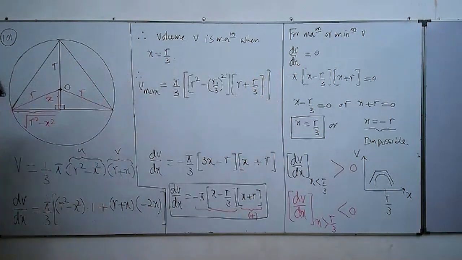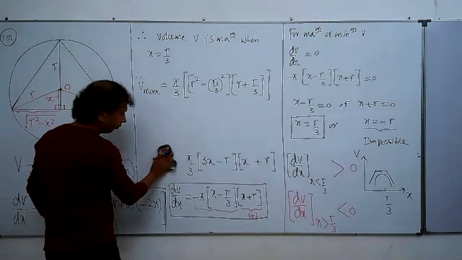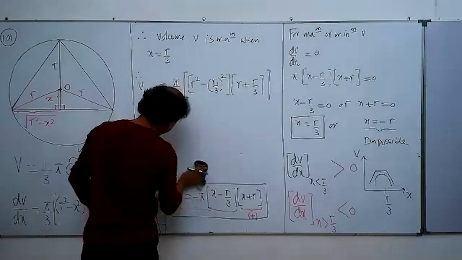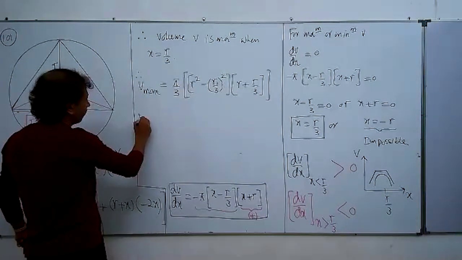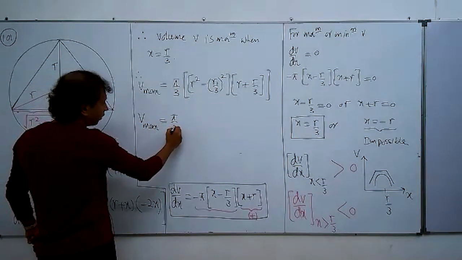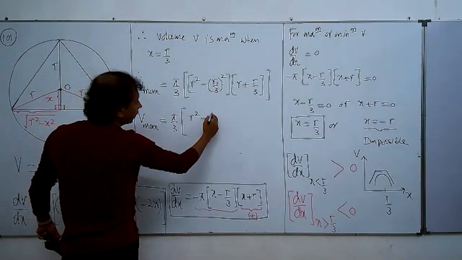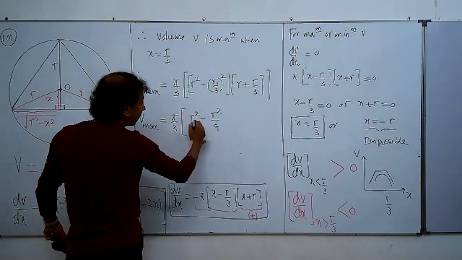Now, people, simplify this. For r squared, here we get r squared by 9.